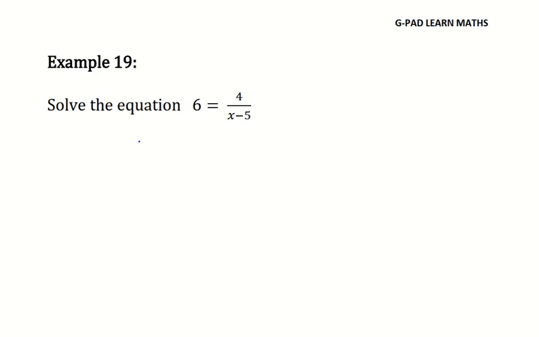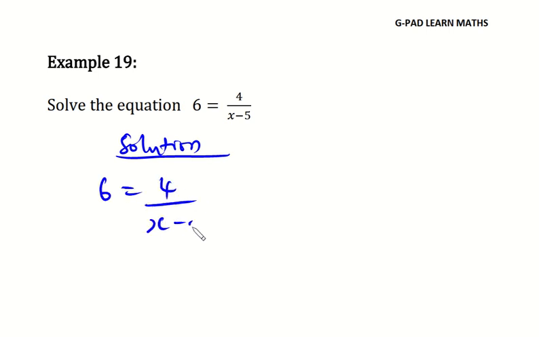Solve the equation 6 is equal to 4 over x minus 5. It is still the same thing I'm going to do here. See, this is the denominator. So I will multiply both sides by this denominator to take away the denominator. We don't want fractions. We want it to be just smooth and linear without fractions.